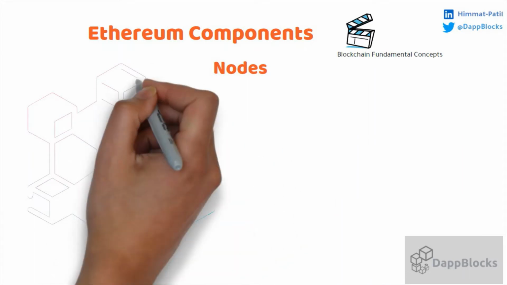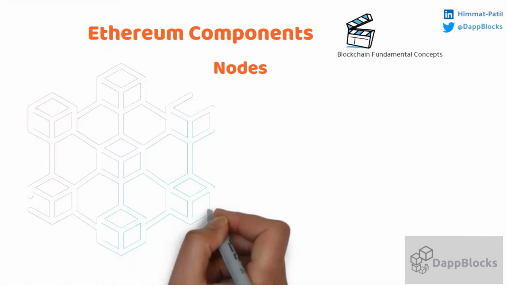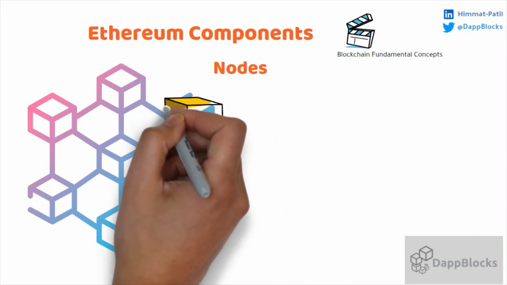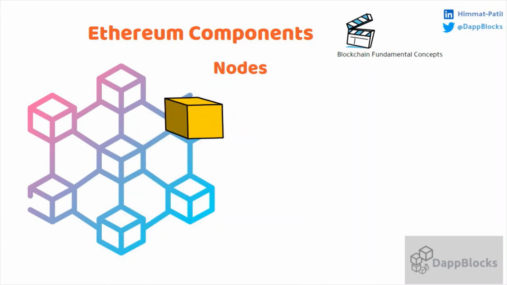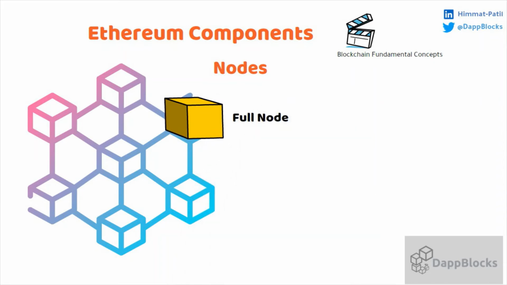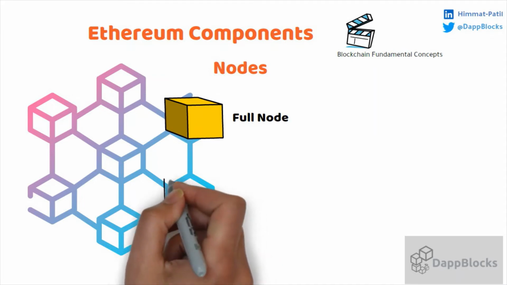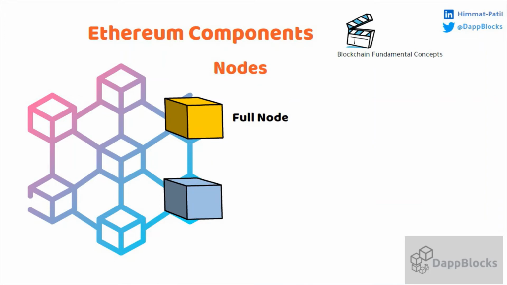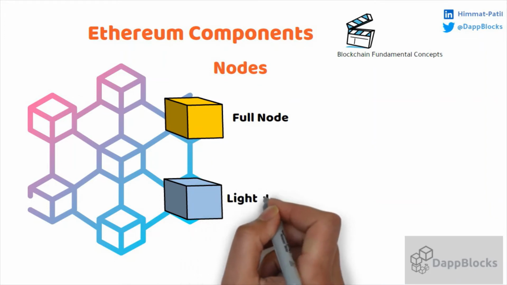Nodes represent the computers that are connected to form the Ethereum blockchain. Nodes play an important role and perform many tasks. Let's first understand types of nodes. Full node. A full node stores the entire blockchain data and all blocks including block header and body of the block. Light node. A light node stores only block headers and is used for low capacity devices.